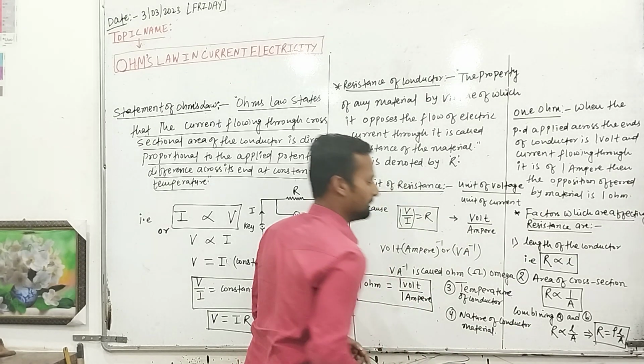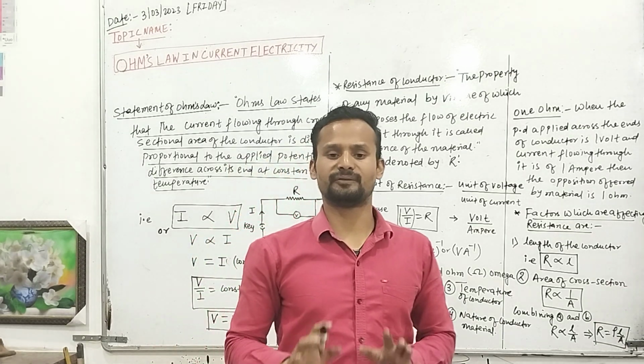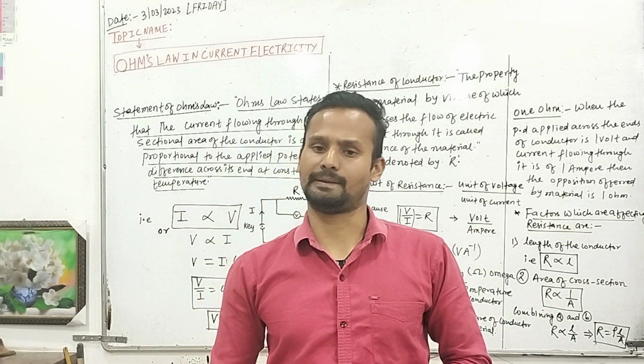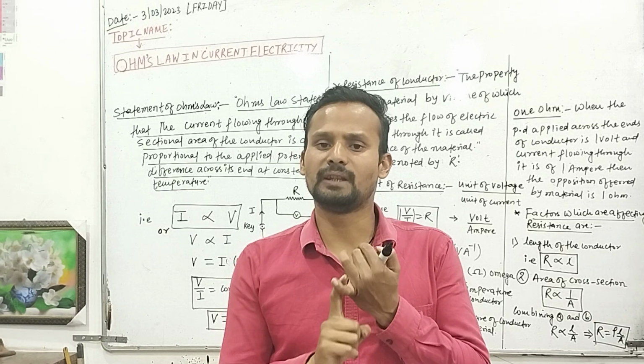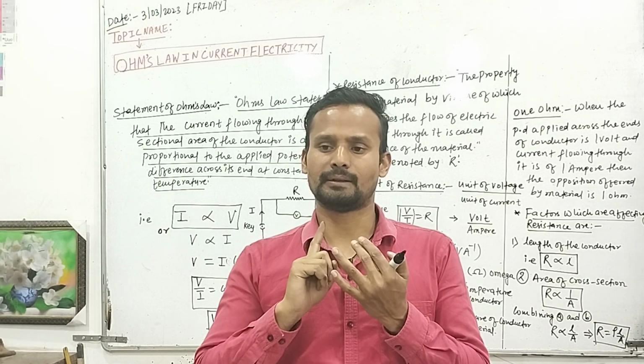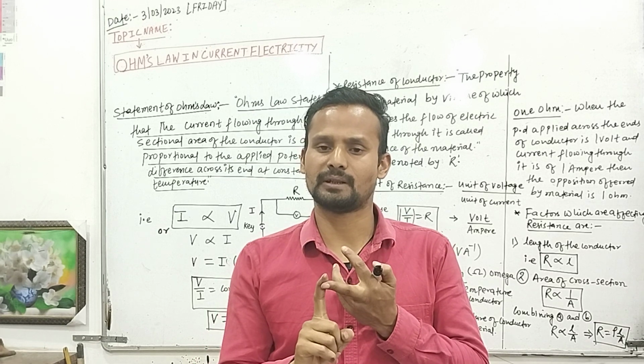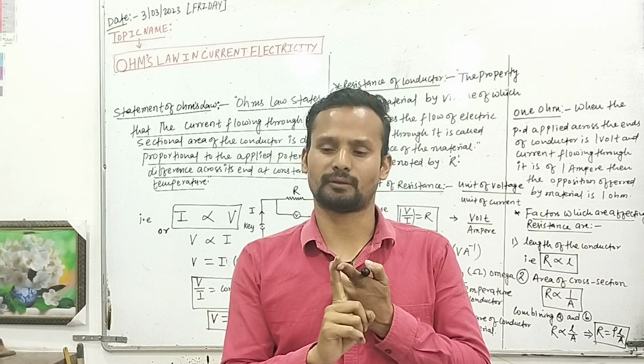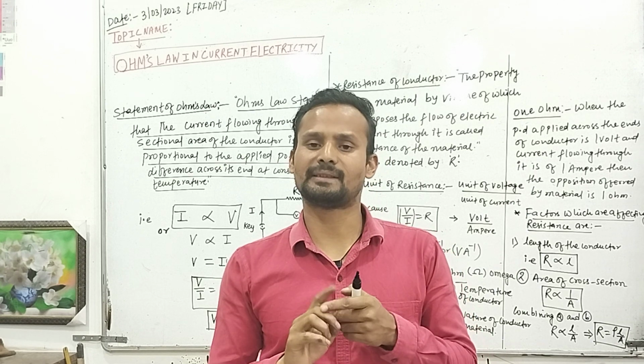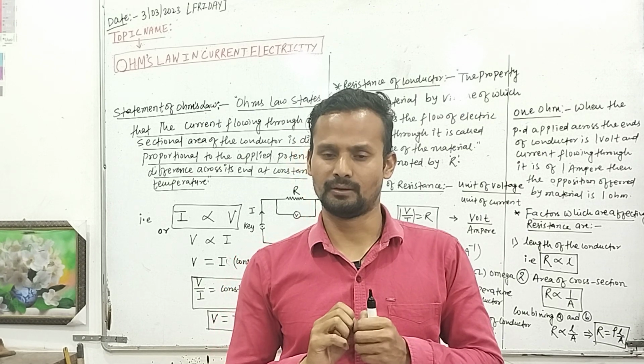So basically we can say that there are four factors which affect resistance: the length of the conductor, the temperature of the conductor, the nature of the material of the conductor, and the area of cross section. So resistance depends on these four factors. Got it?